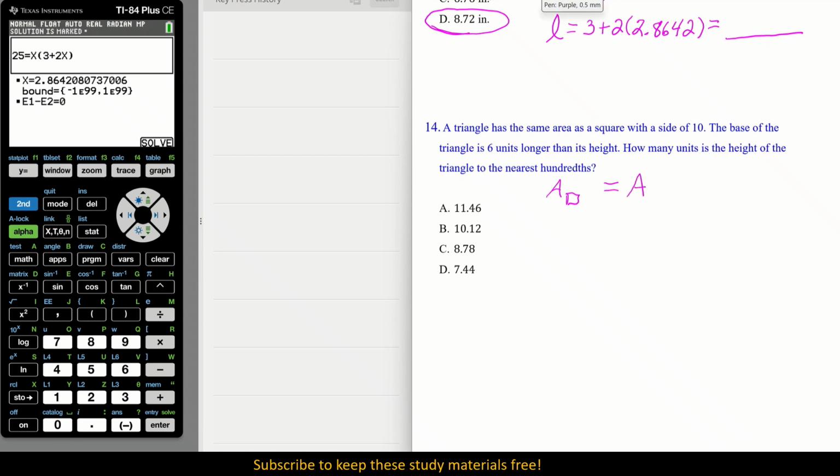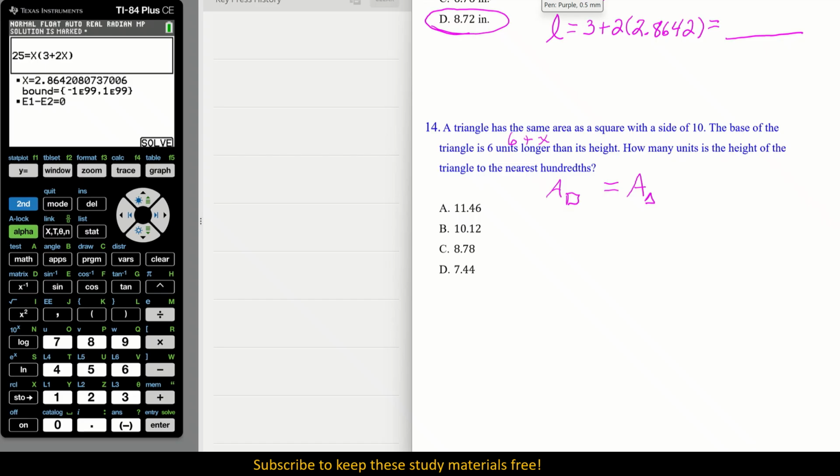Area of a triangle. Okay, now the base of the triangle is 6 units longer than the height. So that would be 6 plus, and I'm going to call the height x. Okay, so let's set this up first, okay?